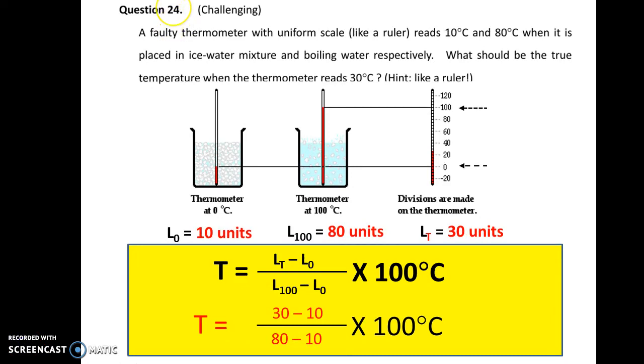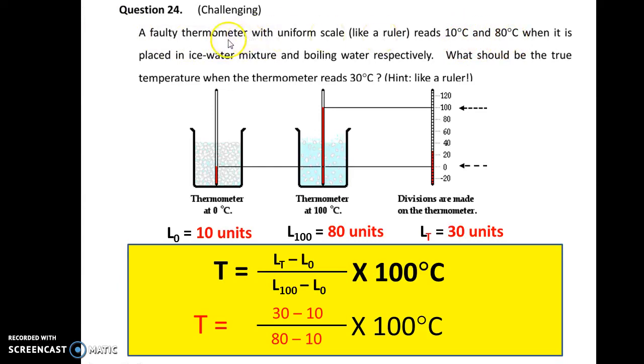Question 24. In this question, there is a faulty thermometer, and then it is put into ice-water mixture and boiling water respectively to give a reading of 10 degrees Celsius and 80 degrees Celsius. Since the thermometer is faulty, these temperature readings are obviously wrong.